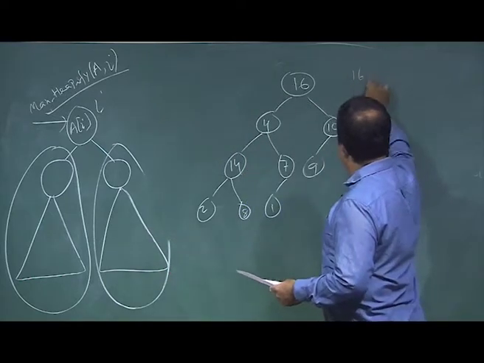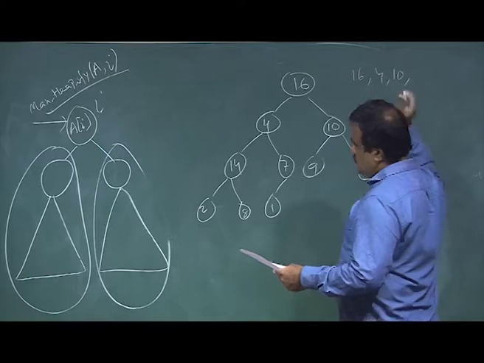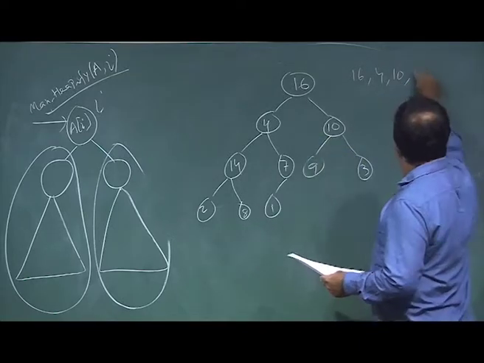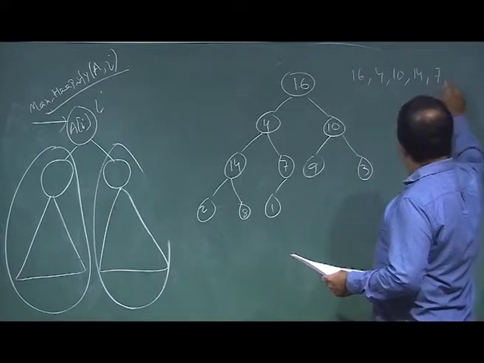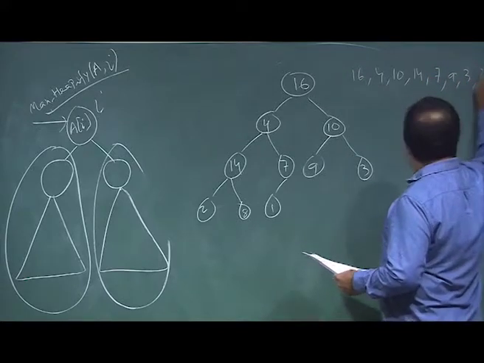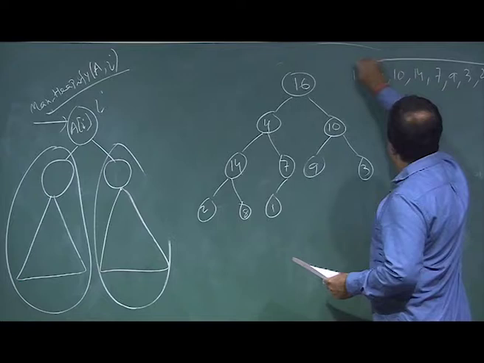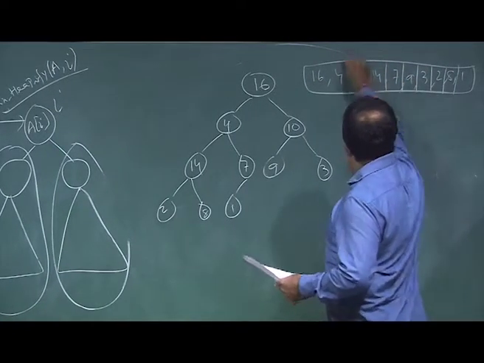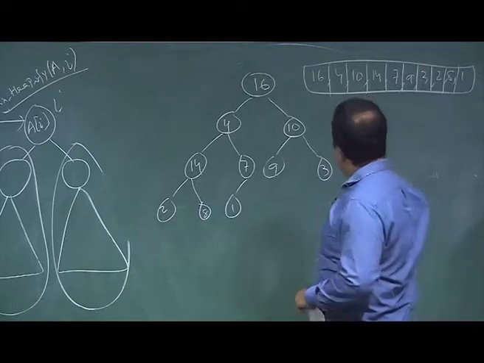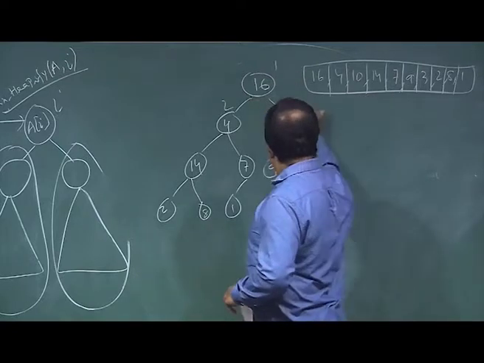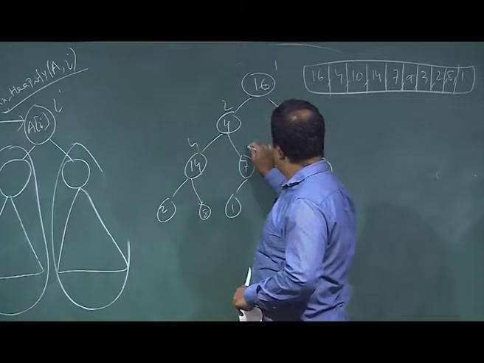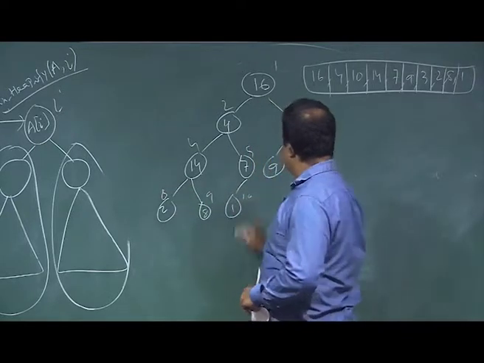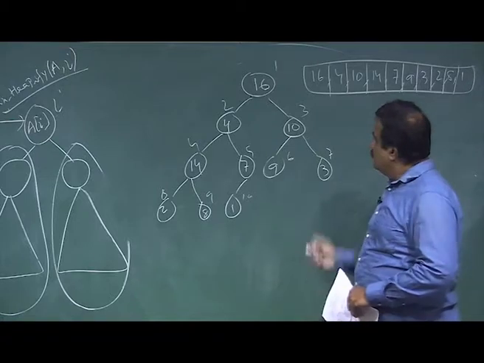The array is 16, 4, 10, 14, 7, 9, 3, 2, 8, 1. This is the given array, and these are the indexes: 1, 2, 3, 4, 5, 6, 7, 8, 9, 10. So, there are 10 elements.